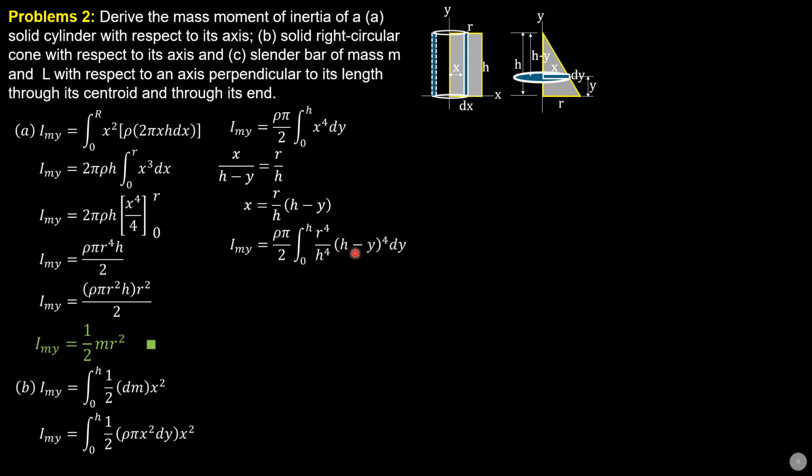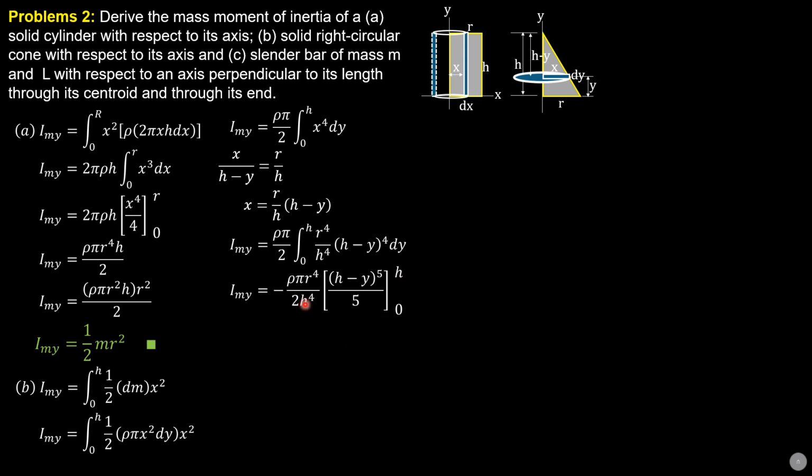So if you put u be h minus y, the differential is negative dy. So this is in the form negative of density pi r to the fourth over 2h to the fourth, times negative integral of u to the fourth du. And that would be, by the power formula, h minus y to the fifth over 5. So density pi r to the fourth over 2h to the fourth, then we have quantity h minus y to the fifth over 5 from 0 to h.